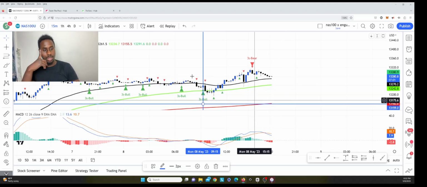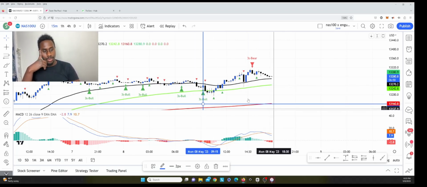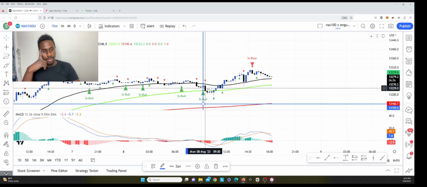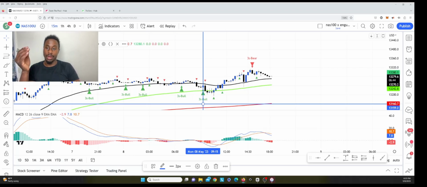Okay, so what do we have here? Bearish movement. We have a bearish engulfing with this indicator. It tells you when a candle engulfs the previous one, or it's much bigger than the previous one. So it kind of tells you where the momentum might be headed.